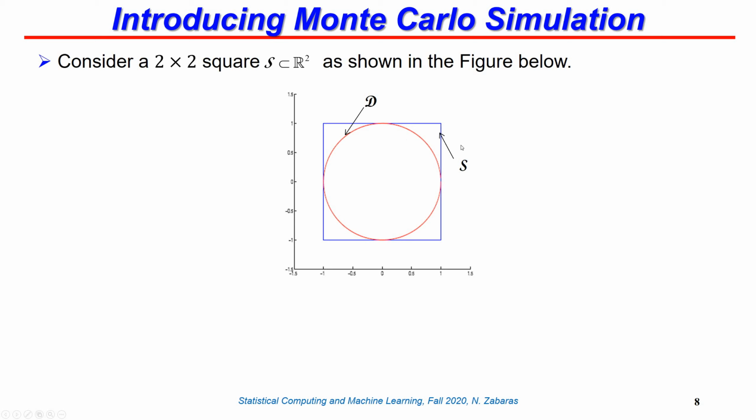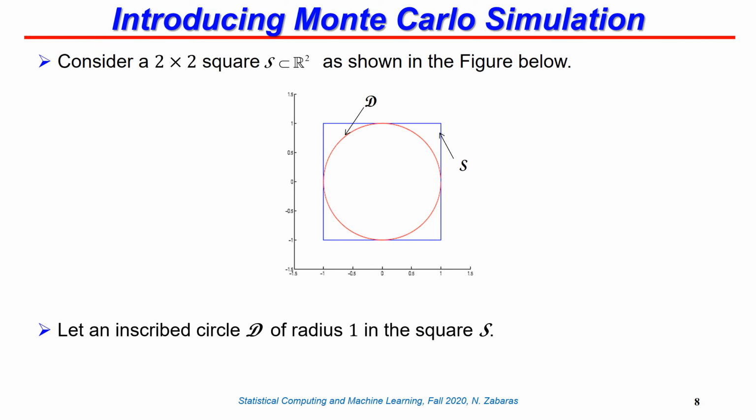I call the circle here calligraphic D, I call the square S, and we were trying effectively to get the area of the circle by throwing, if you like, darts inside the square S, and counting how many times these darts landed inside the circle D. That helps us get an estimation of pi. So we're going to revisit this and see formally how these calculations are related with Monte Carlo methods.